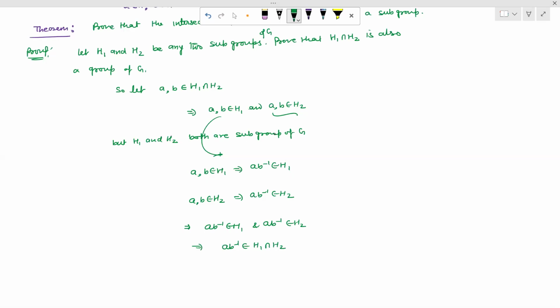So we take the element AB which belongs to H1 intersection H2, and we have proved that AB inverse belongs to H1 intersection H2.